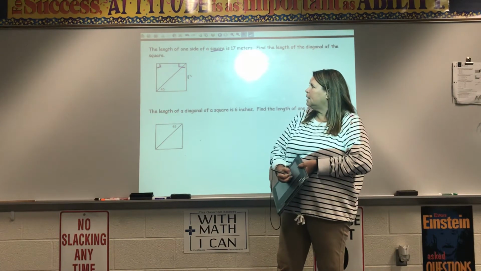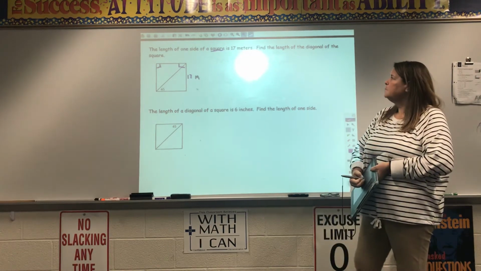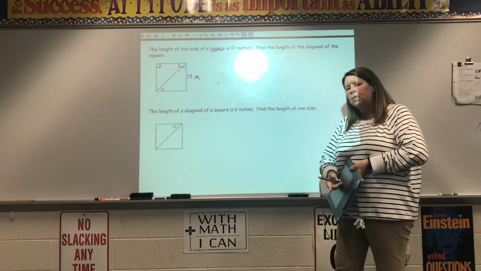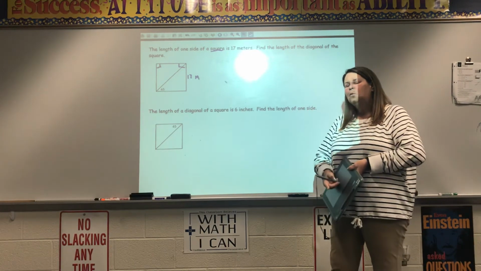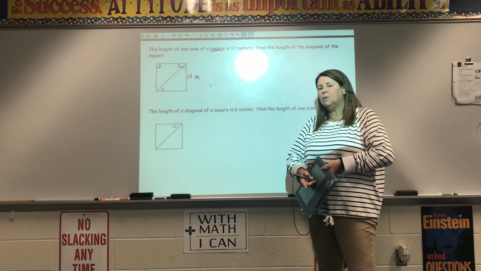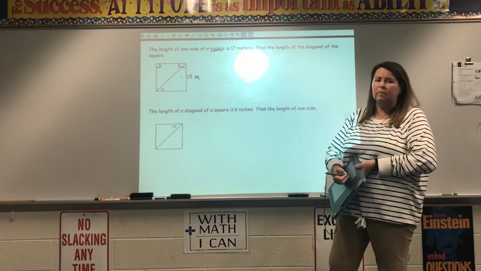So this side is 17 meters. Now, since our side is given to us with a unit of measure, meters, we're going to need to make sure that our answer has a unit of measure, meters, on it. Find the length of the diagonal of the square.